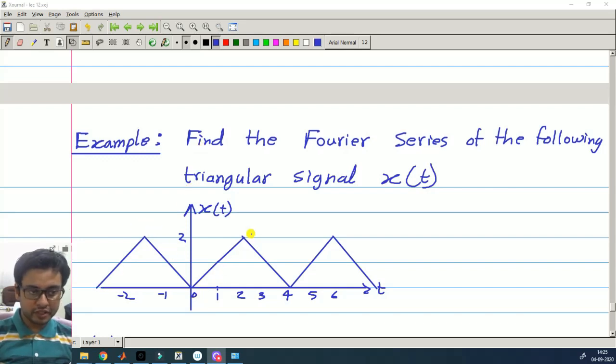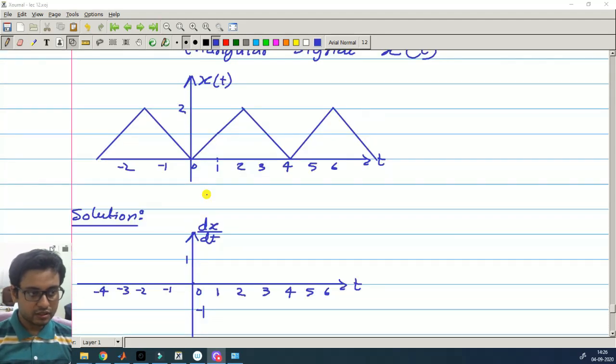We are given a triangular waveform and we have to find the Fourier series of this triangular signal xt. The way we will do it is that we will first find the time derivative of this signal.